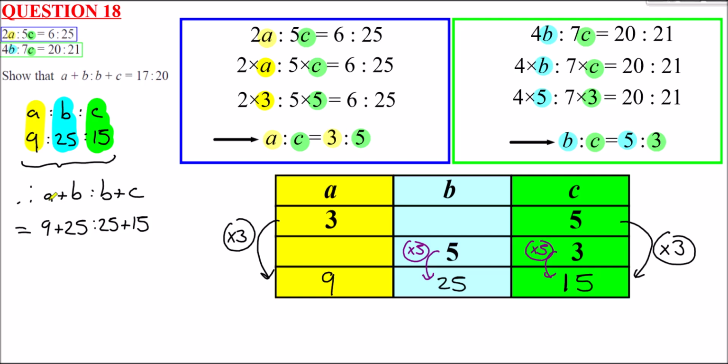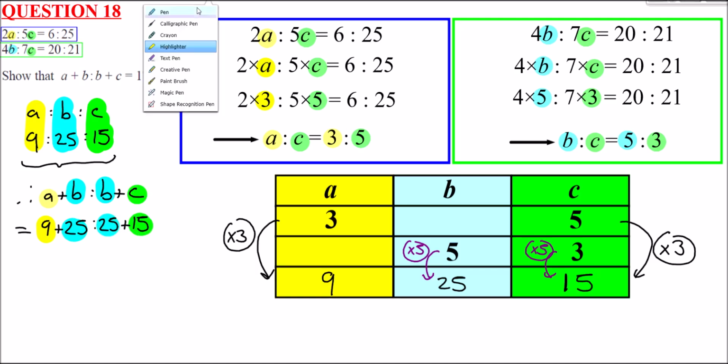So just colour coding it. A, 9 parts. B, 25 parts. On the other side, B, 25 parts. And C, 15 parts.